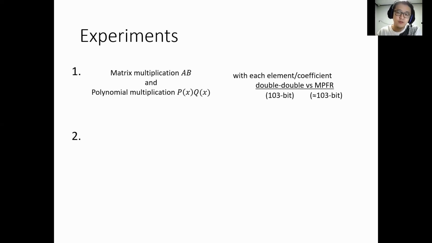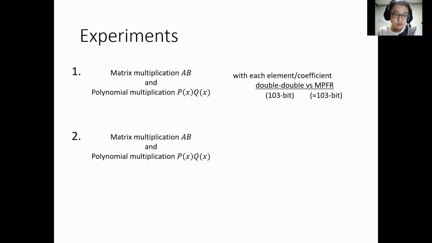A double-double precision is 103 bits, and we have set MPFR around 103, with various sizes but still similar to 103. And in the second test, we have done exactly the same thing, but with a different implementation. This time, we have used a quad double, that's 209 bits, and similarly, we have used MPFR with similar size.